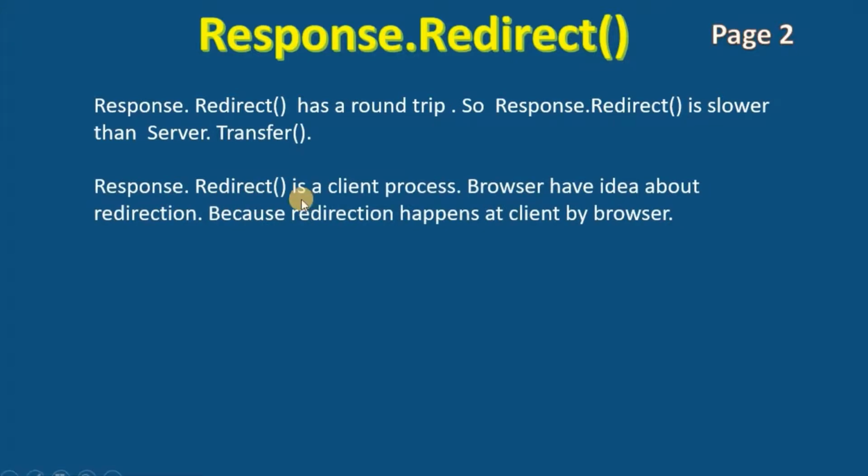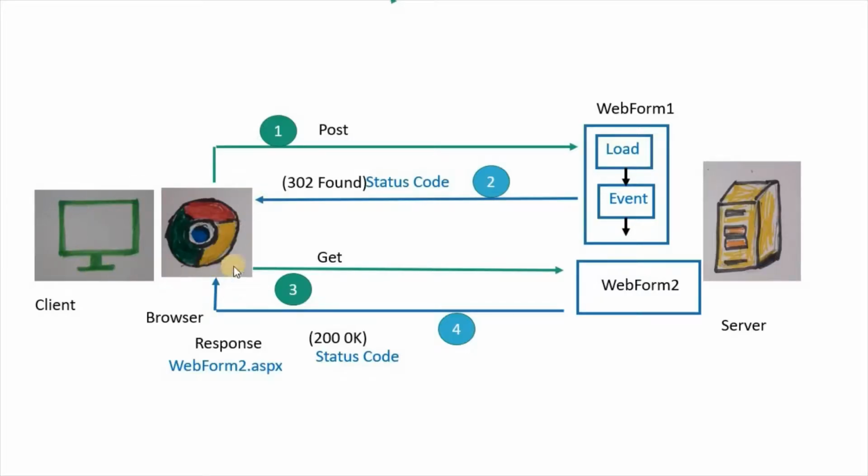Response.redirect is a client process. The browser has an idea about the redirection because the redirection happens at the client by the browser. Redirection happens at the client side, so it is a client side process.